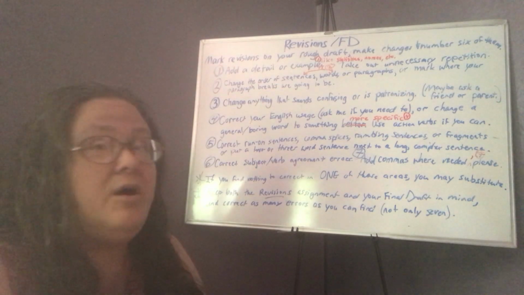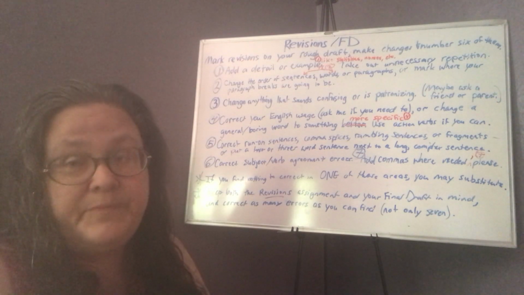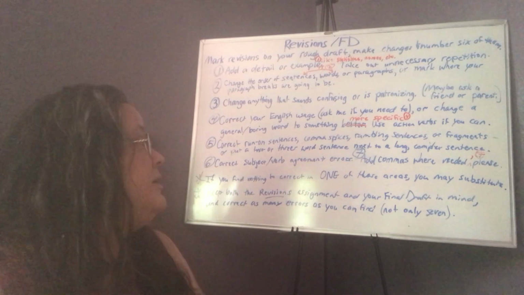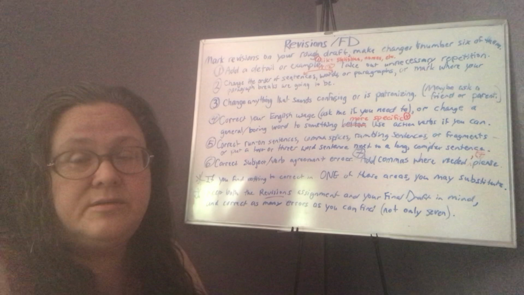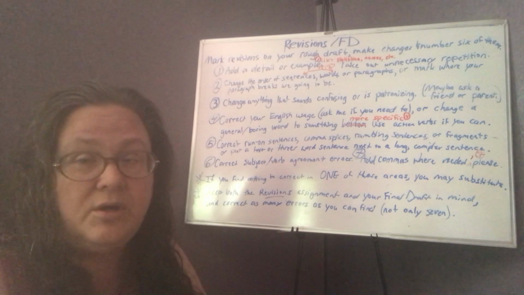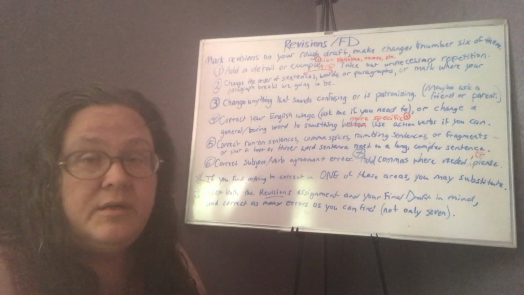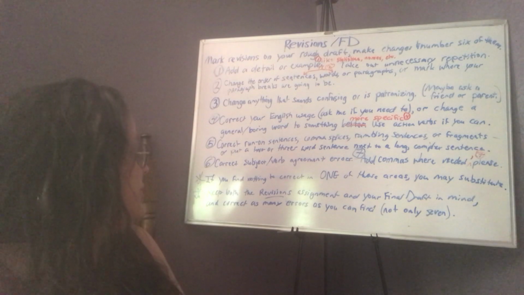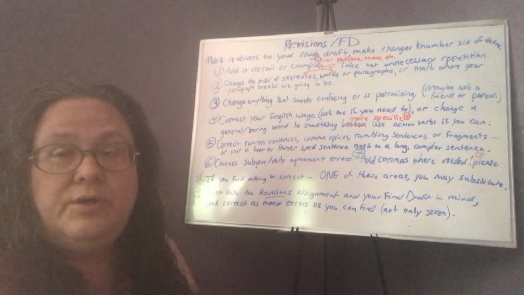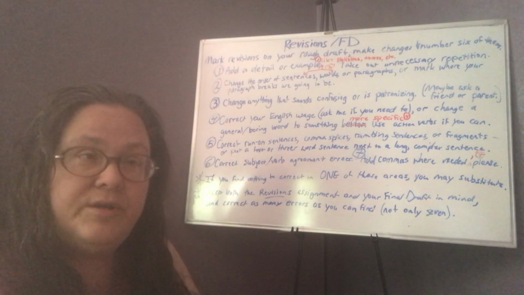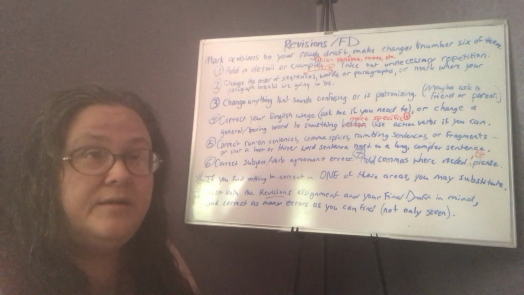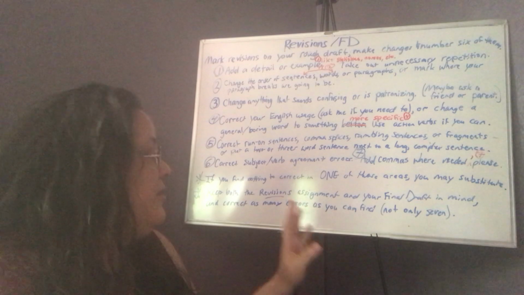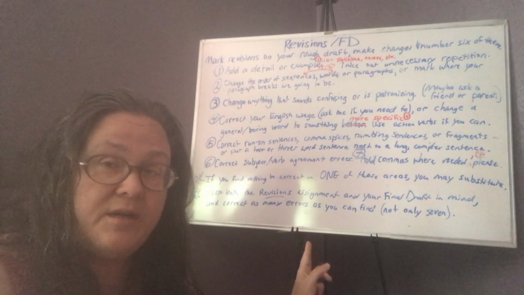And so if there are a lot of spelling errors, go ahead and correct them. If there are a lot of run-on sentences, don't just correct one, correct all of them if you can. So you're doing kind of 2 things at once. You're improving your essay and you're fulfilling this revisions assignment.